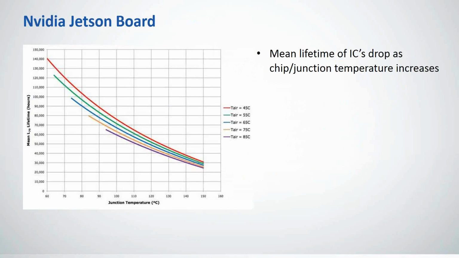All right, this is just a quick graphic. I'm sure most people know, but the average lifetime of a chip really drops off with respect to the temperature of the chip, or the junction temperature. This is something that's studied vastly and is really a big problem.